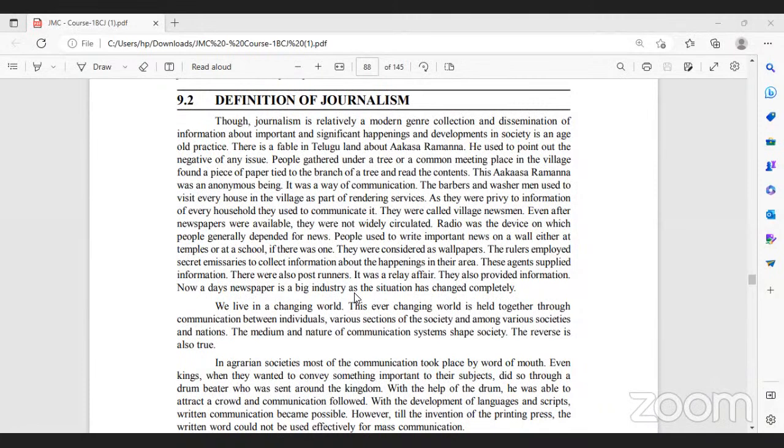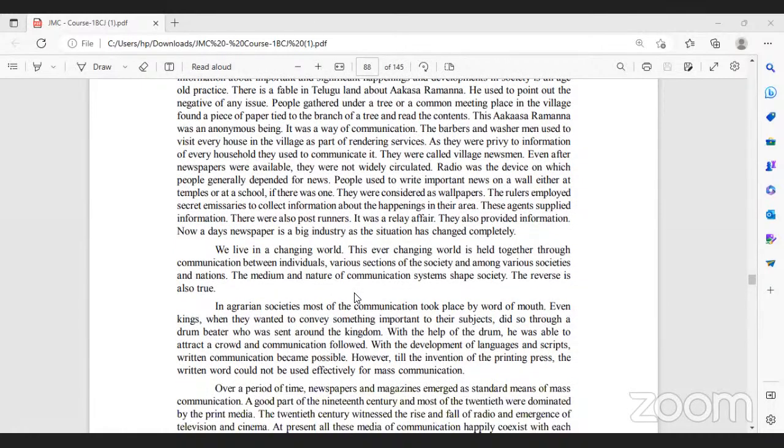The Akasa Ramanna was anonymous. It shows that information was being formed, there was some kind of communication. Journalism is now giving it a professional touch.